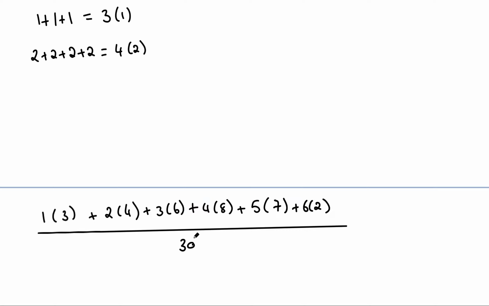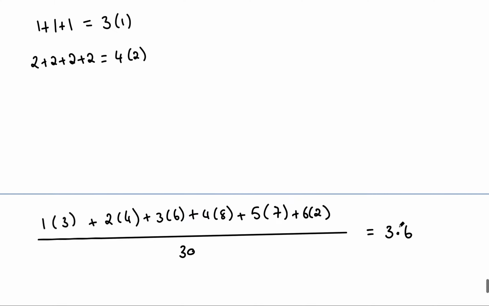So you're going to have 1 by 3 plus 2 by 4 plus 3 by 6 into your calculator, plus 4 by 8 plus 5 by 7 plus 6 by 2, all of that divided by 30, and I get 3.6 as my answer.